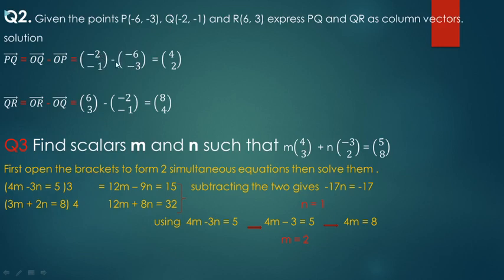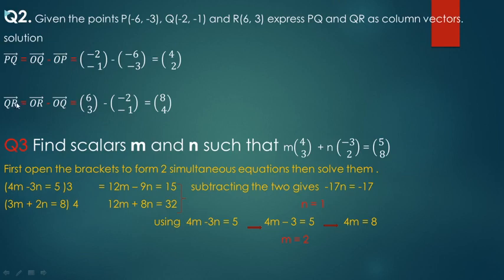So negative 2 minus negative 6: the negative becomes positive, so it is negative 2 plus 6, which gives you positive 4. Negative 1 minus negative 3 is the same as negative 1 plus 3, which gives you 2. So the column vector PQ is (4, 2).